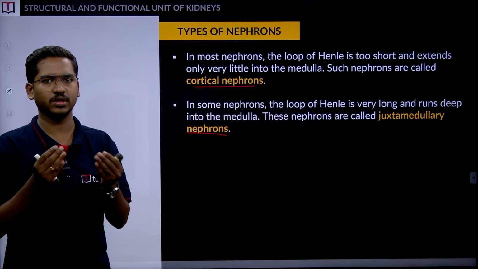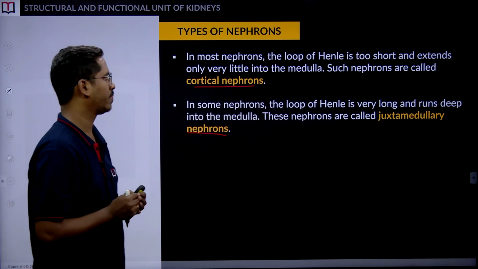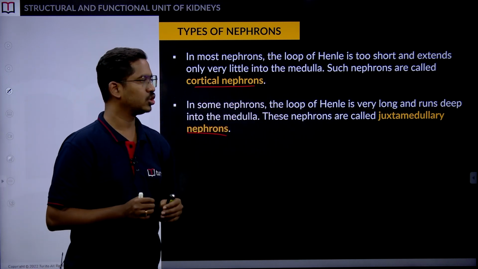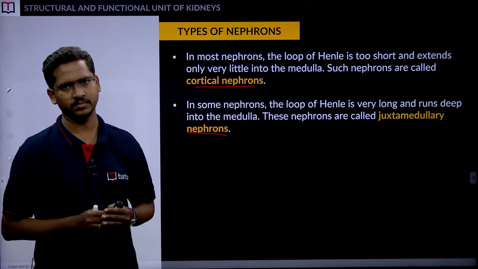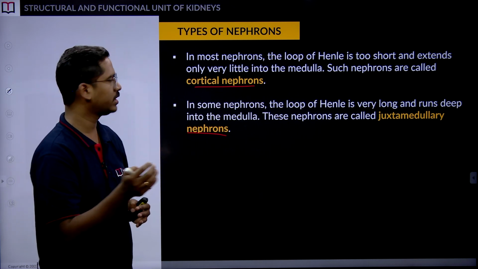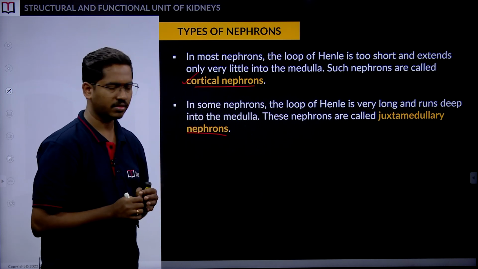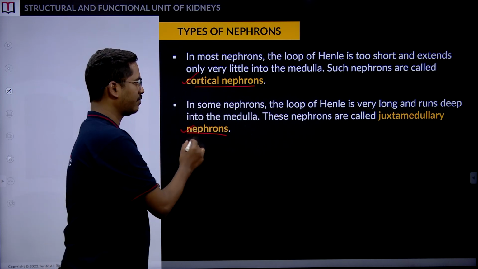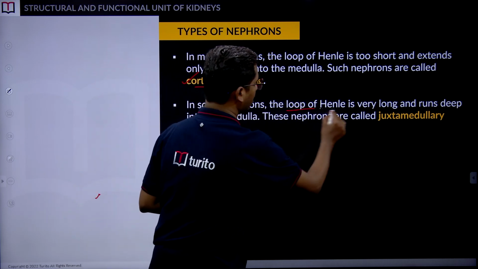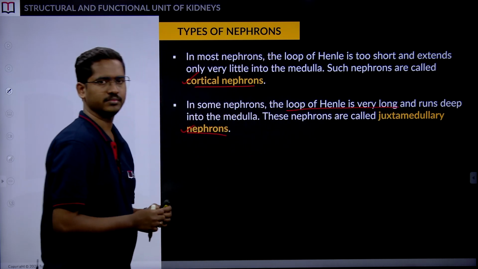So, medulla is actually present inside the pyramids and these guys are having a short loop. Loop of Henle is very short in the case of cortical nephrons. That is not the case with juxtamedullary nephron, they have a very long loop of Henle.